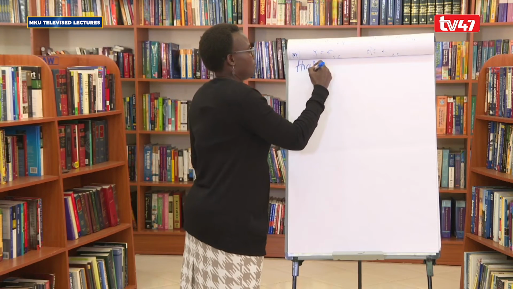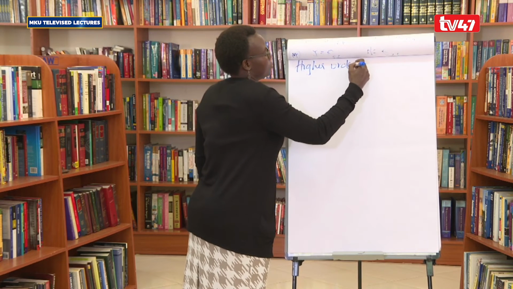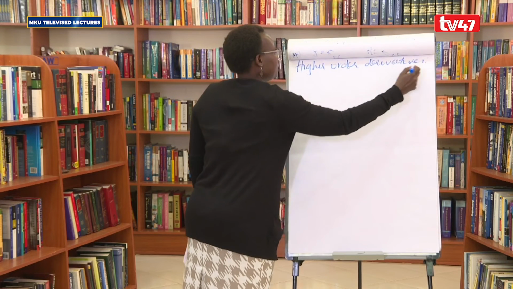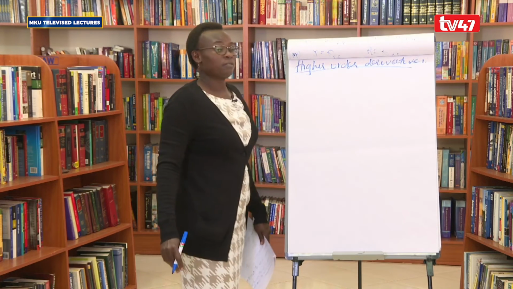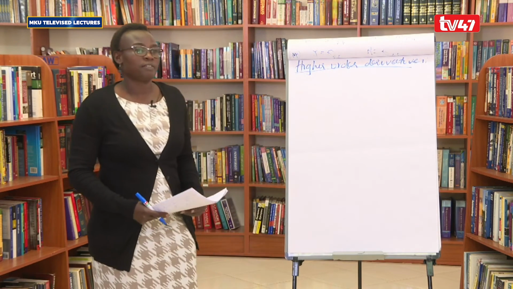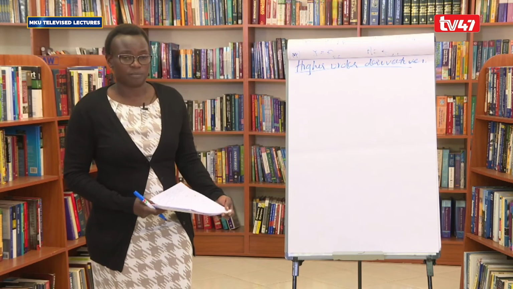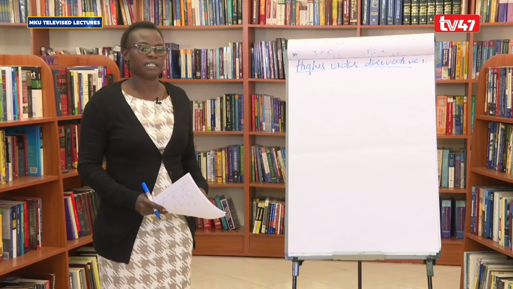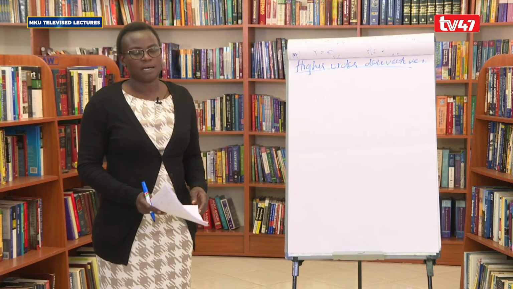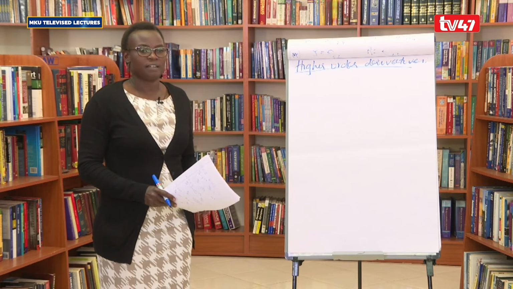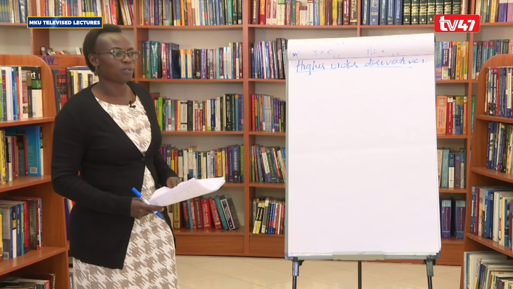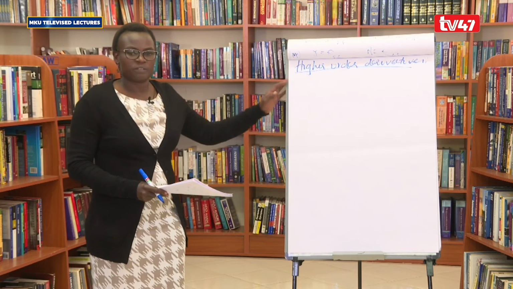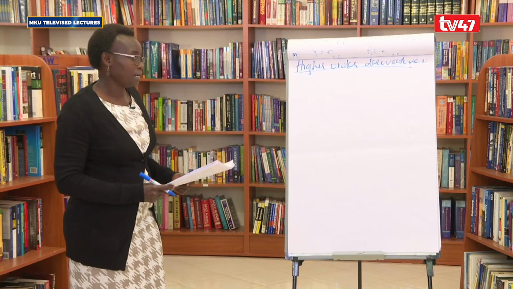So we know that when you're given a function, the first derivative is the derivative of that function. The second derivative is the derivative of the first. And then the third is the derivative of the second derivative, and so on and so forth. So from the second derivative, that's what we refer to as higher order derivative.